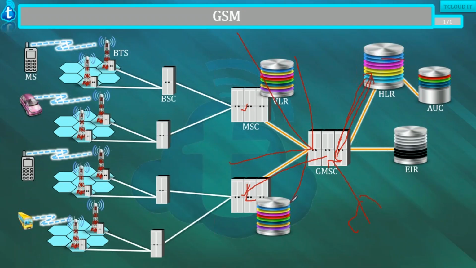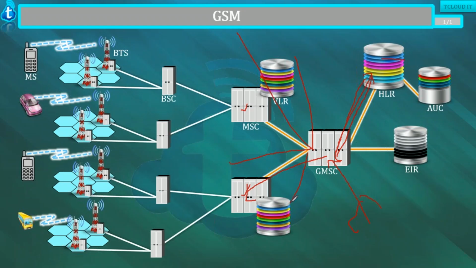Of course, MSCs can also directly or indirectly go and talk to the HLR. MSCs can go and talk to your authentication center. Your MSC VLR can go and talk to the EIR. That doesn't mean they don't have the technical connectivity; the technical connectivity is there.